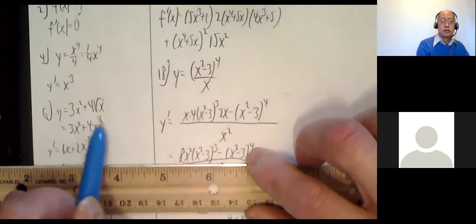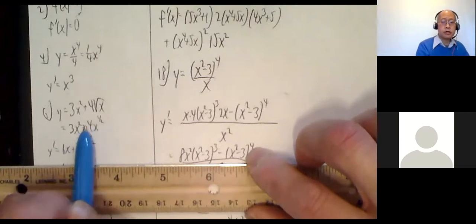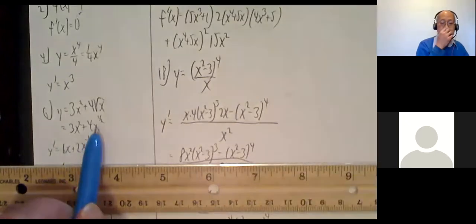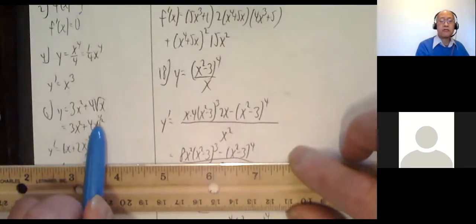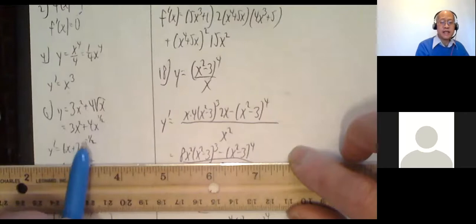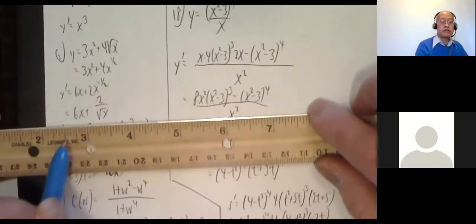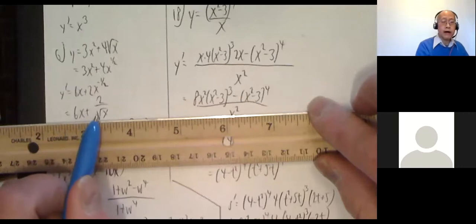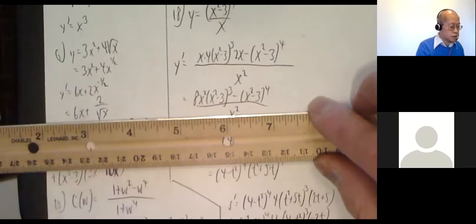Derivative of this, so 1/2 times 4 is 2, x to the, we've played this game before, 1/2 minus 1 is -1/2. And we don't leave our answer like that because there's a negative exponent, and also a 1/2 exponent means square root. So we should write it as a square root in the bottom. So best final answer, 6x plus 2 over radical x for number 6.